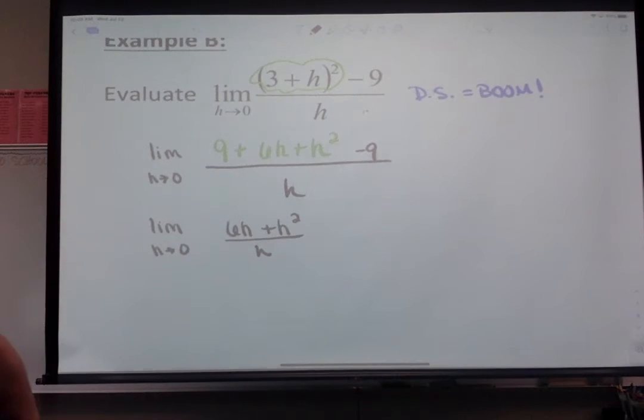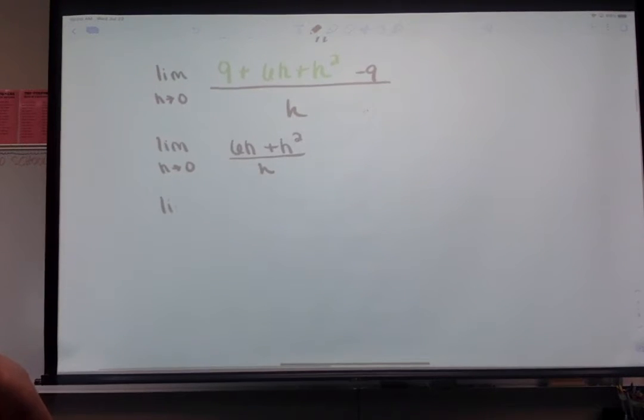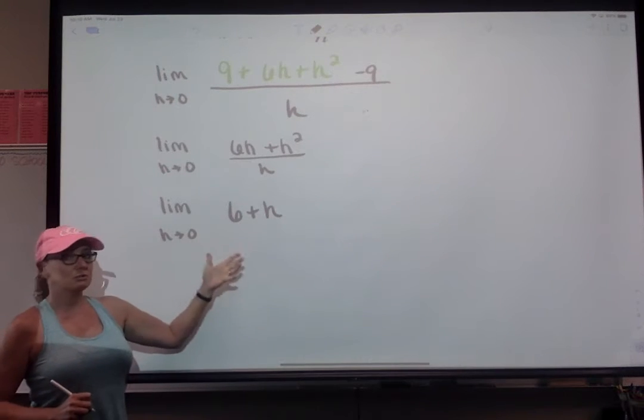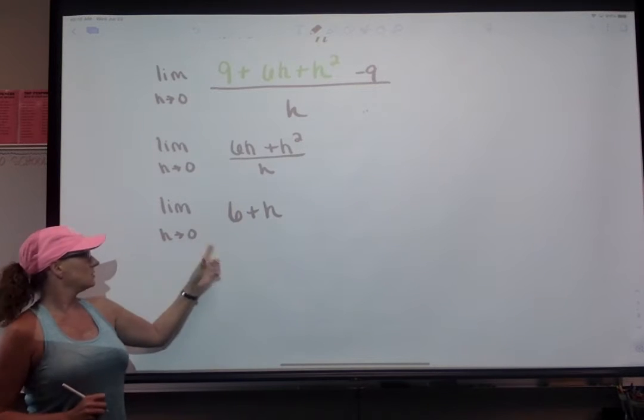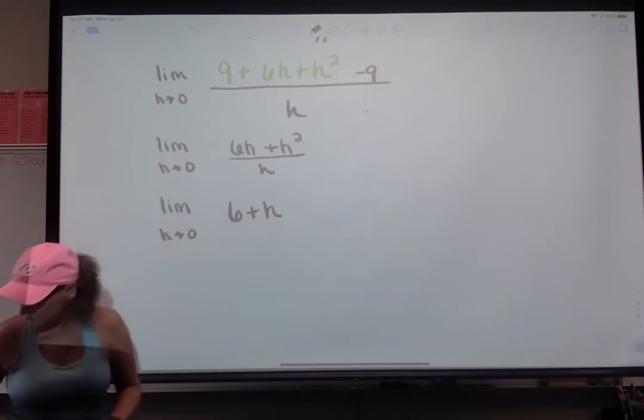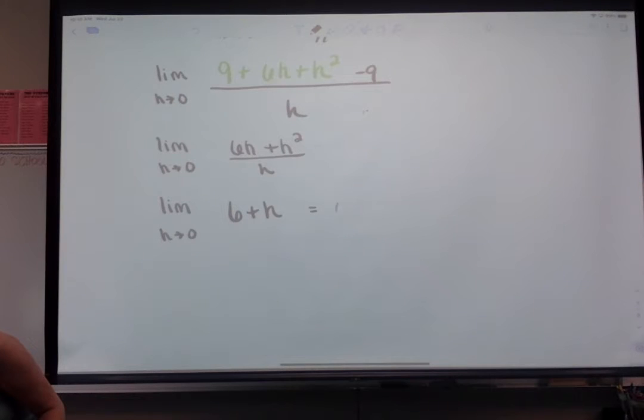Take out an h. We get the limit as h approaches 0 of 6 plus h and no denominator. So now we can use direct substitution. And the limit is 6.